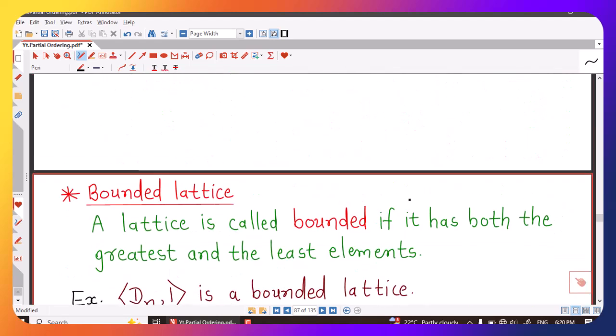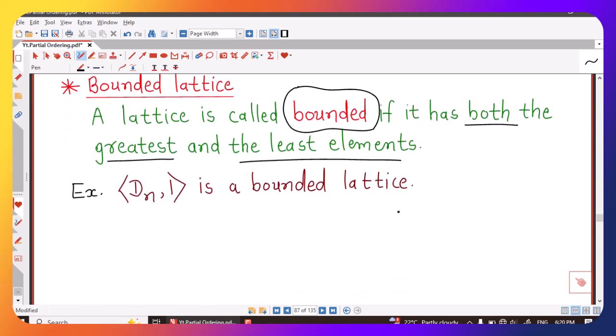Here I have written the definition of bounded lattice: a lattice is called bounded if it has both the greatest and the least elements. We consider some examples and check whether the given lattice is a bounded lattice or not.